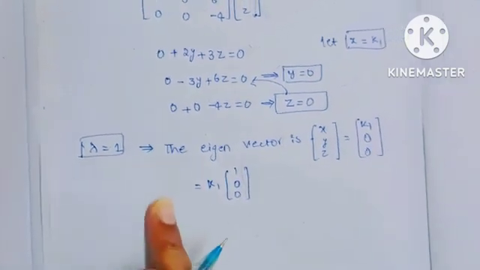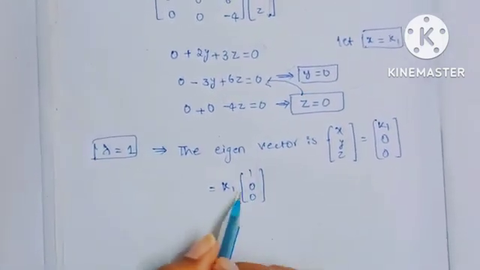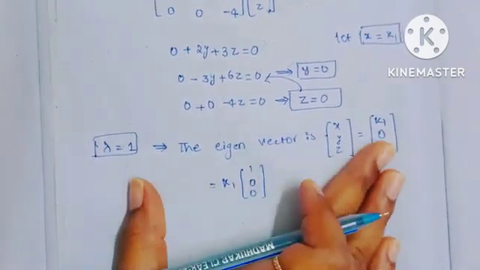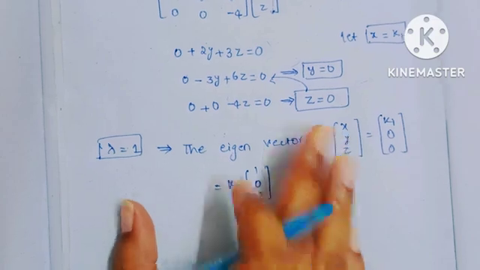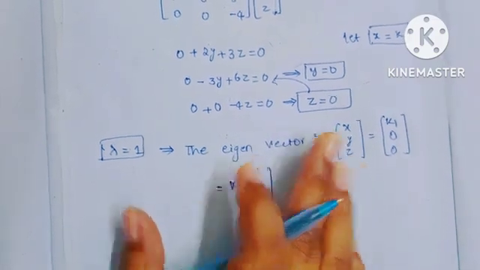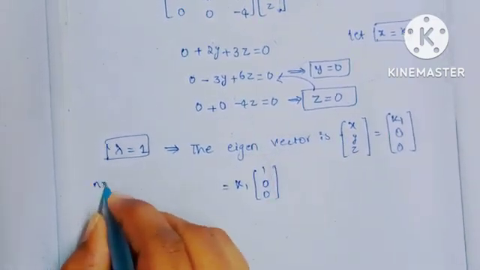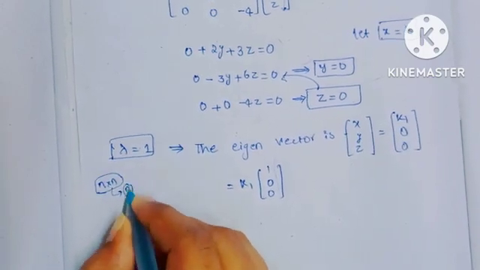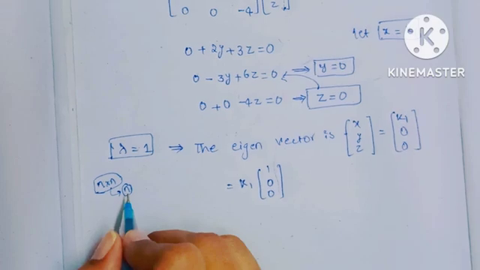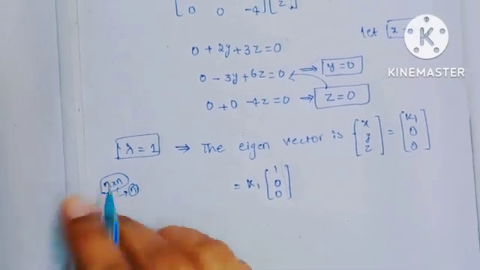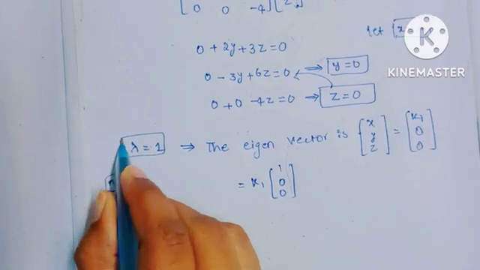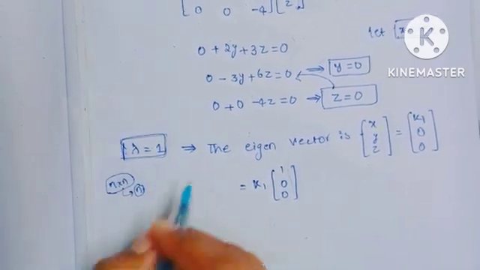And in comments I am observing people asking why we are taking k1, k2, k3 like that. So I can say that the eigenvalues are limited: if we take an n by n matrix, then n possible eigenvalues are possible, and there is an infinite number of eigenvectors for a given single eigenvalue.